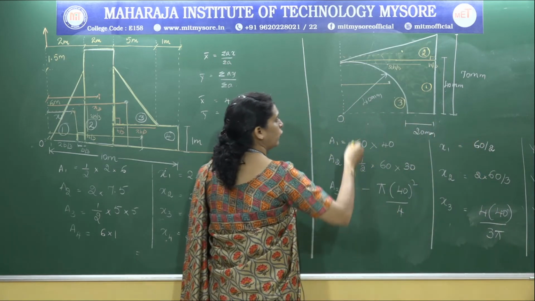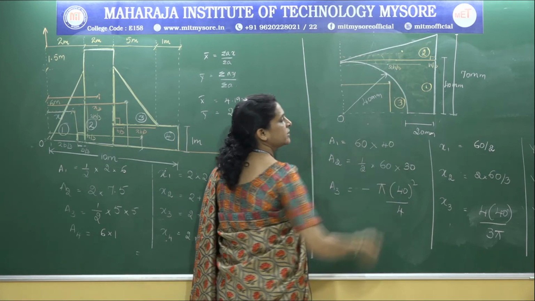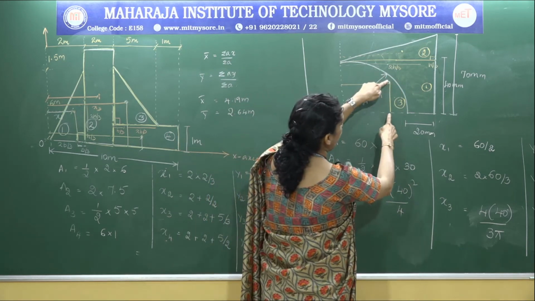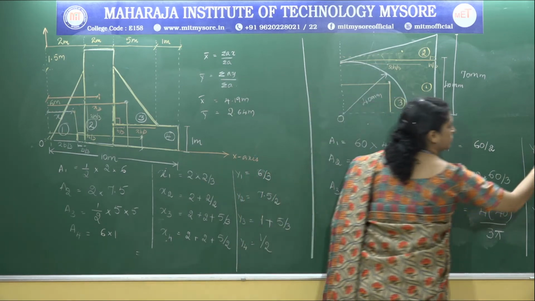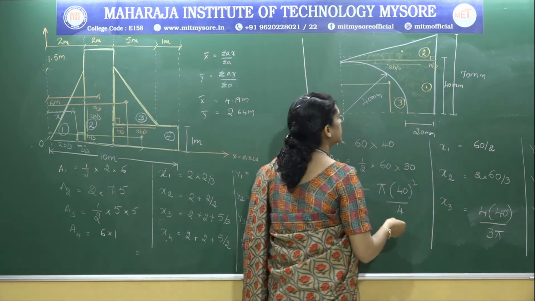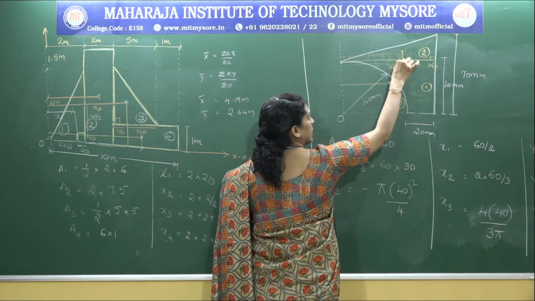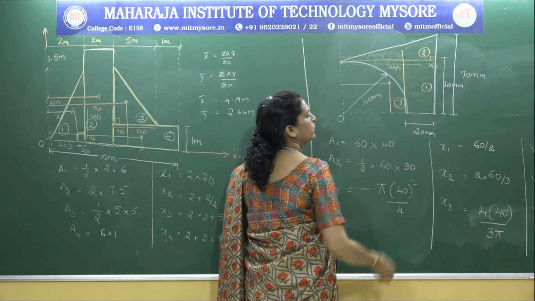So now for the first section, taking x as the reference axis, it is 40 by 2. Next, y2. You can just see here is y2.